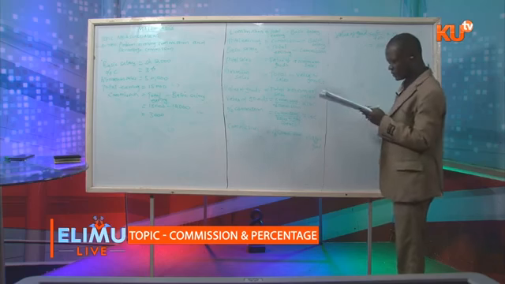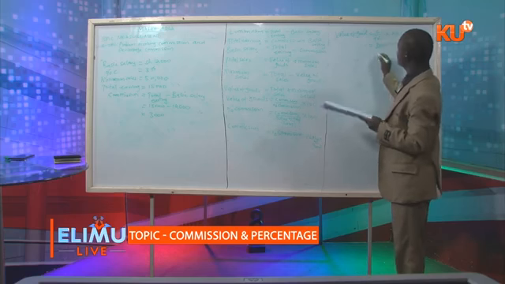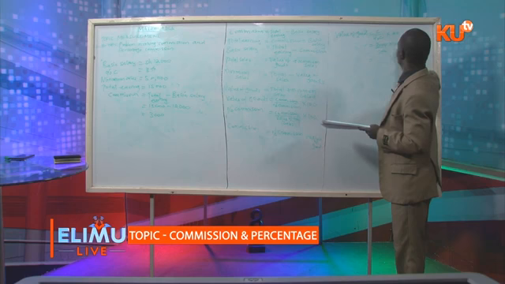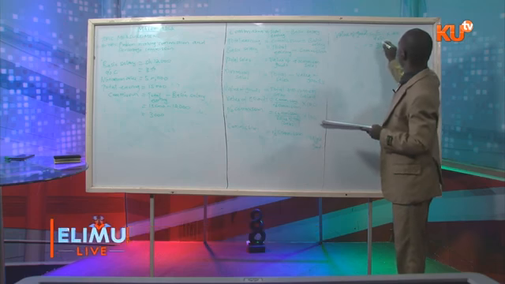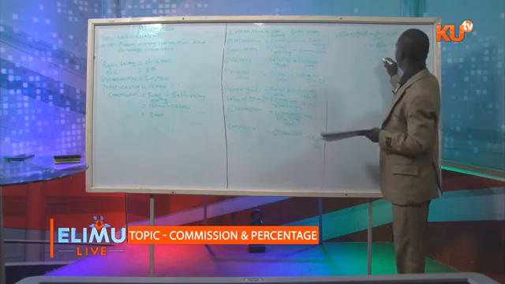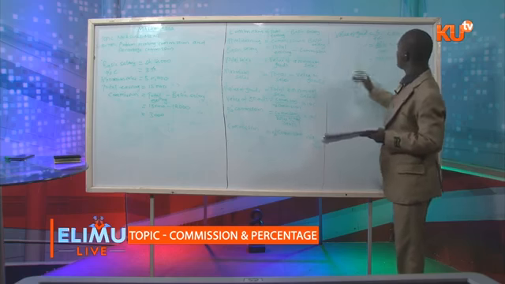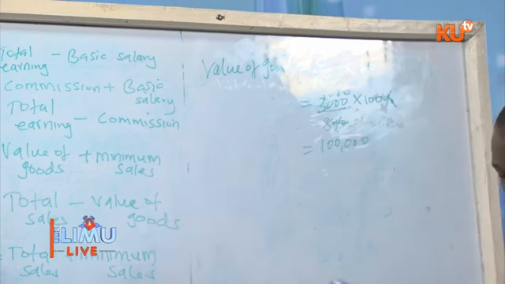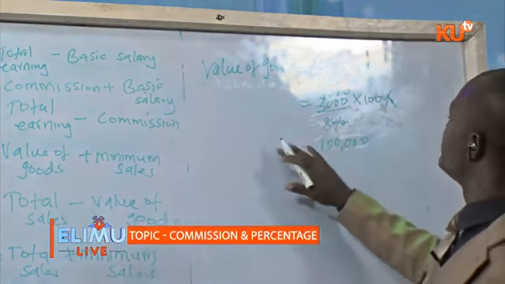And then the percentage commission we have been given as 3%. So with the 3, 1,000. So that will give us a total of 100,000. So the 100,000 shillings is going to be the value of goods.